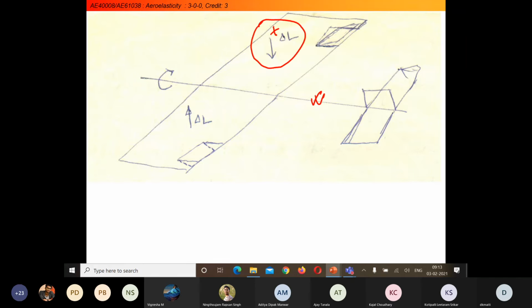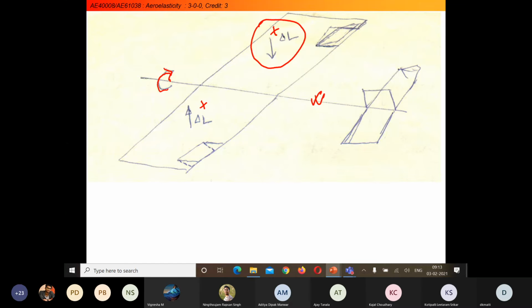This is positive in the downward direction, and this is positive in the upward direction. Due to this differential aerodynamic pressure, we will have a rolling moment developed, and the aircraft can roll in that direction, the clockwise direction.